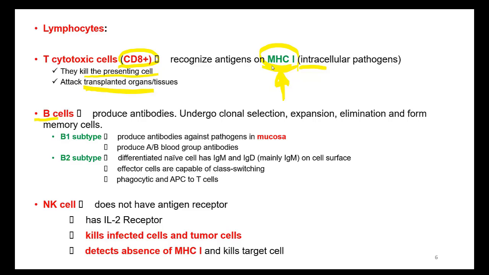Then you have your B cells that, of course, are subdivided into several categories, okay? The B cells, once they mature, they become effector cells. That's when they produce antibodies, right? They also undergo clonal selection during development, okay?